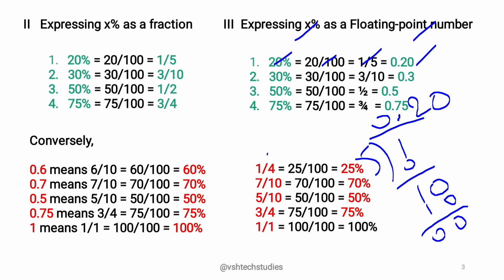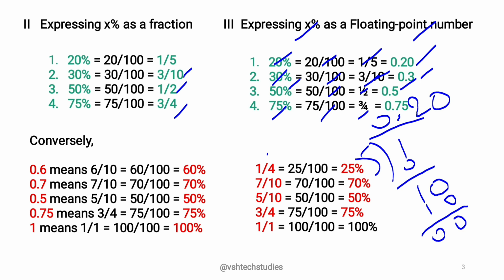Similarly 30% means 30 by 100, which is equal to 3 by 10, as we have already seen. If you divide 3 by 10 we get 0.3. Similarly 50% means 50 by 100, which we have seen is 1 by 2. So 1 divided by 2 we get 0.5. The last one, 75% means 75 by 100, which is equal to 3 by 4.